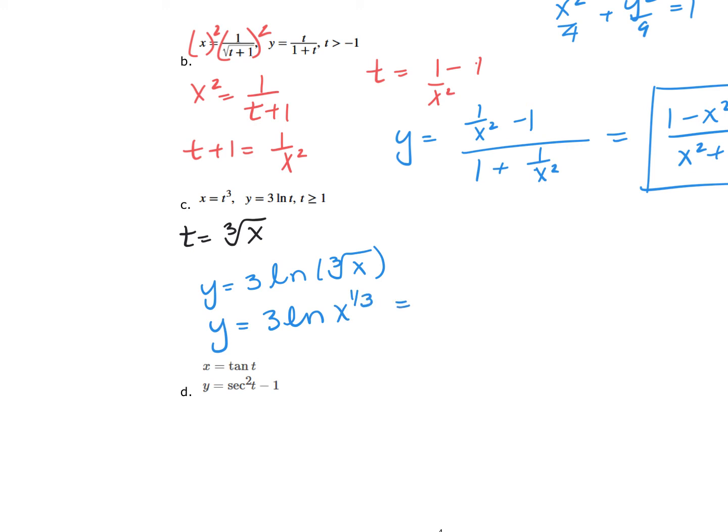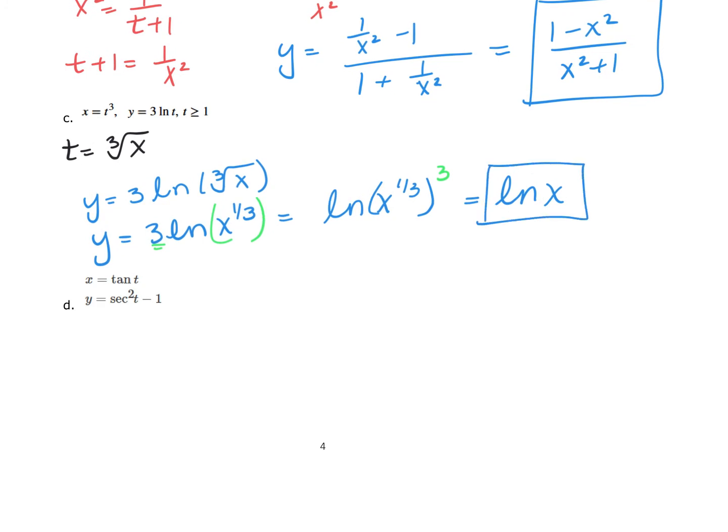I'm going to use my laws of logs, which says this exponent comes up and becomes a power on the x raised to the 1/3. And so I have the natural log of x raised to the 1/3 raised to the 3, which means I have the natural log of x. And that's it for that one.